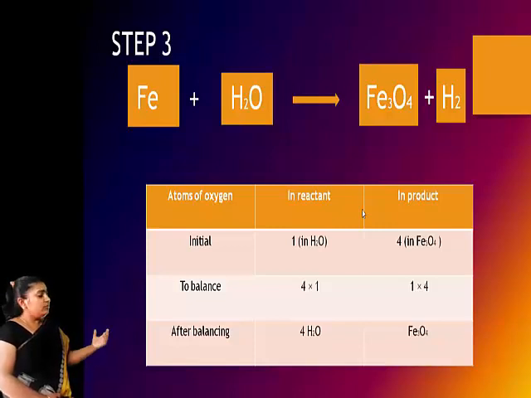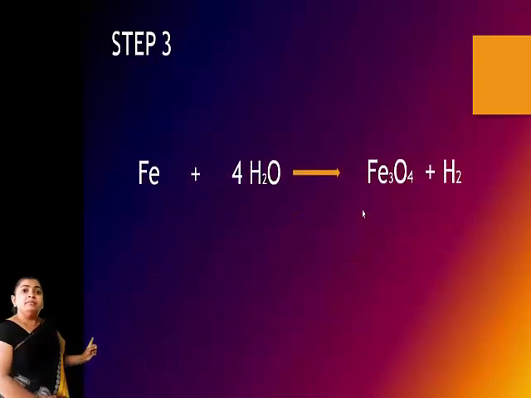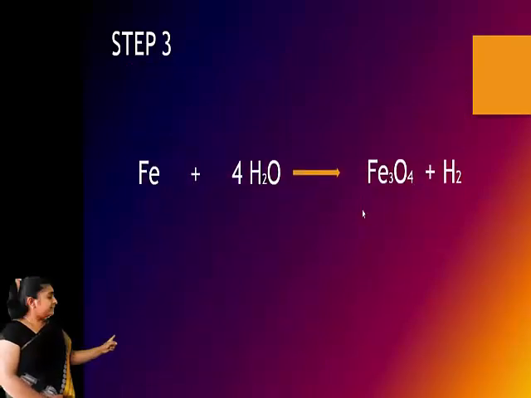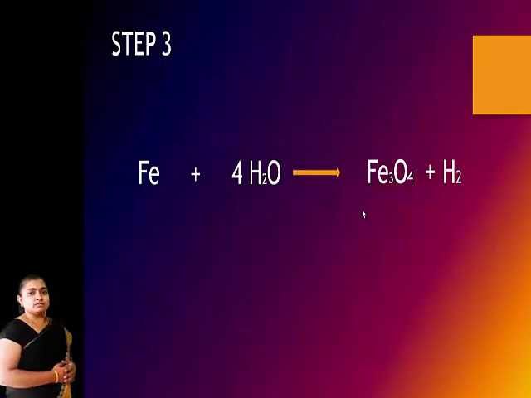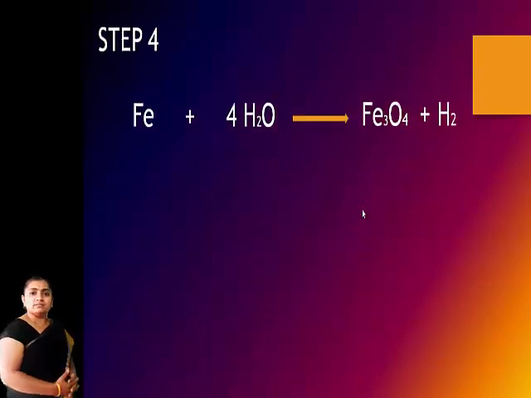Now we have to balance oxygen and therefore we have to multiply by 4 on the reactant side, that is, multiply H2O by 4. So the equation becomes Fe plus 4H2O gives Fe3O4 plus H2. This is a partially balanced equation.